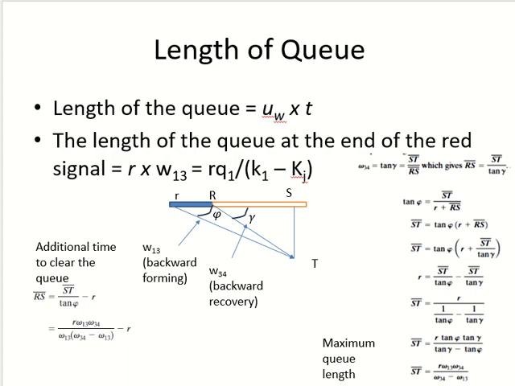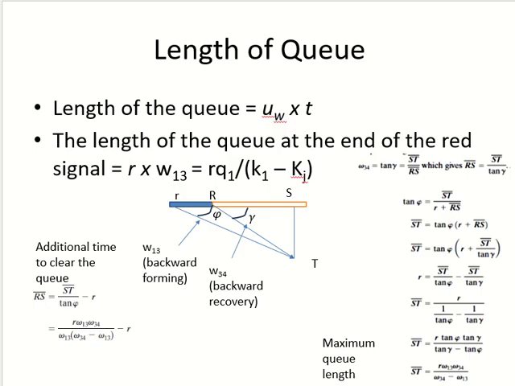When the queue starts to clear, you have people coming from behind joining the queue, and people at the front of the queue who are moving. Now we have two shock waves: one which is clearing and one which is joining. That's why you see two lines.